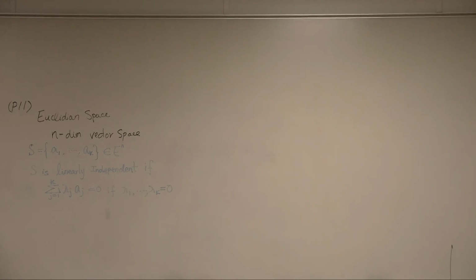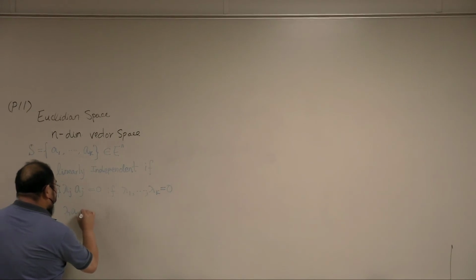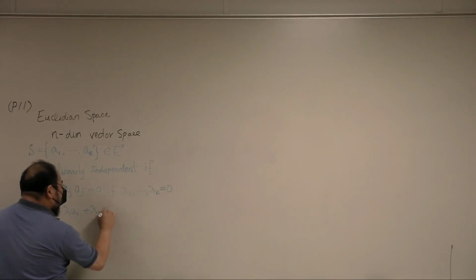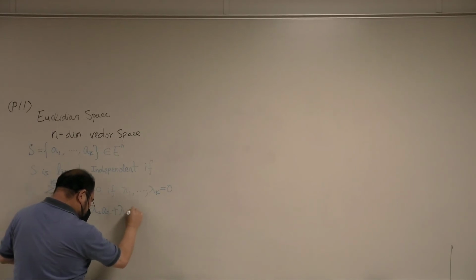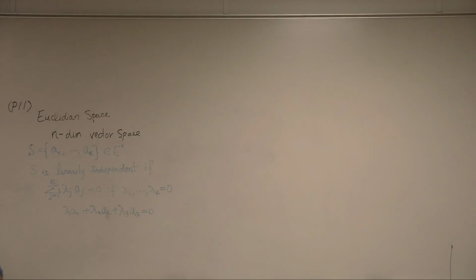Did that make sense at all? So if any one of them is not 0, this set of K vectors is not linearly independent, because I can always use that non-zero lambda and move the term to the right-hand side. Let me show you, for example with 3: lambda 1 times A1 plus lambda 2 times A2 plus lambda 3 times A3 equals 0.